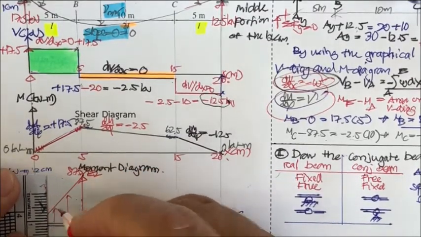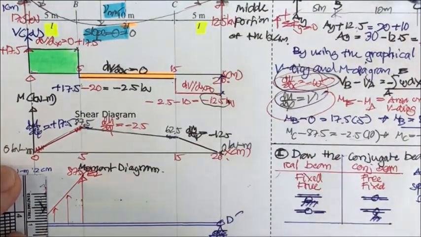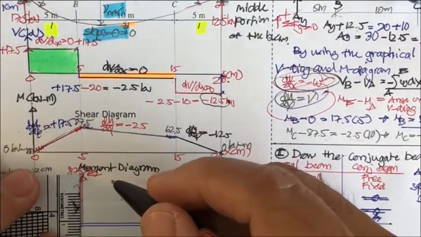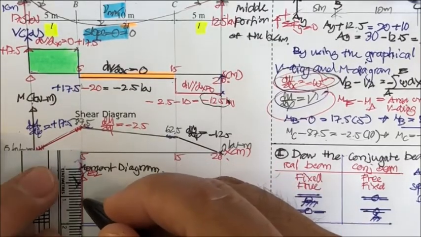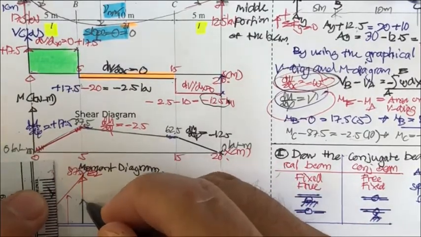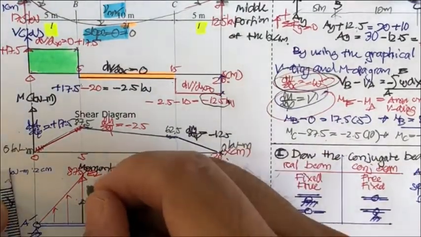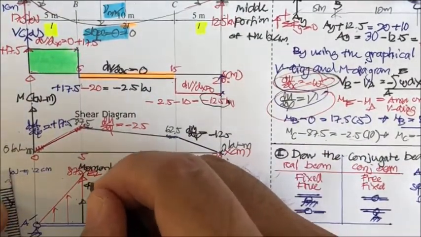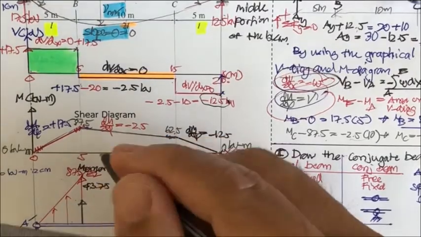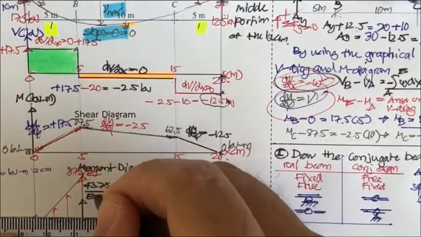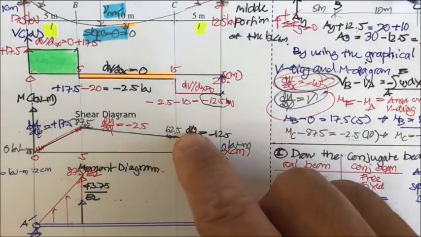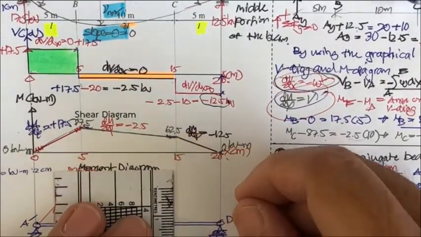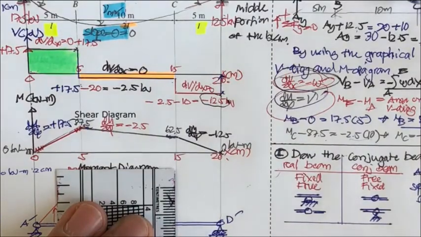That means we have this portion for only half of this. This is going to be 43.75 divided by EI, half of this, and 62.5, that's about 13 millimeter for this portion.